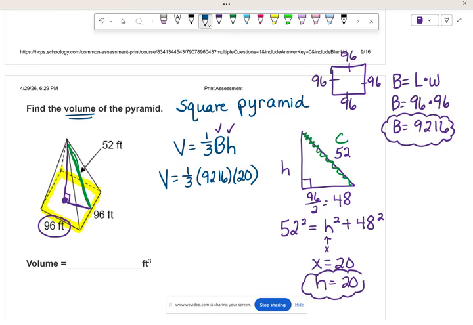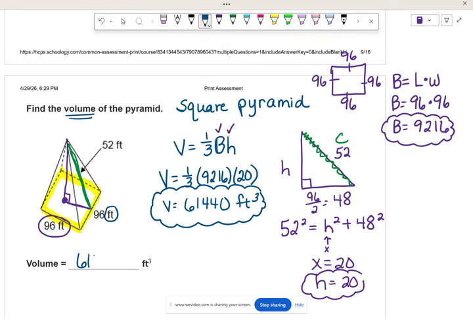All right, when I typed all that in Desmos, I got 61,440. We were measuring in feet. This is volume, so that would be feet cubed. If we were going to fill in the blank, they've already got the feet cubed for us. So we would just have to type in 61,440.